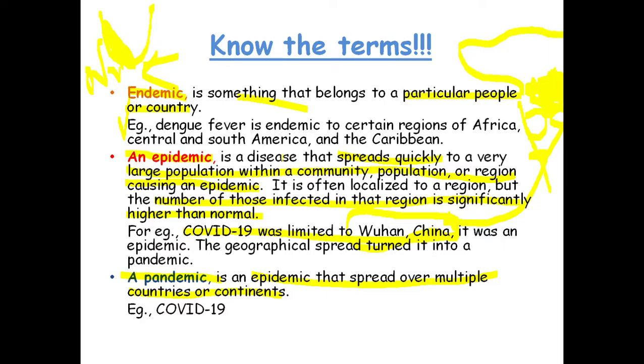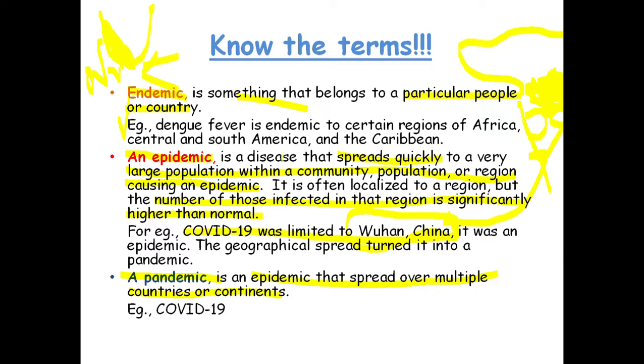Now there are another three terms: endemic, epidemic, and pandemic. Endemic is something that belongs to a particular people or country. Like dengue fever, found in certain regions of Africa, South America and the Caribbean islands. An epidemic spreads quickly in a large population within a community or region.